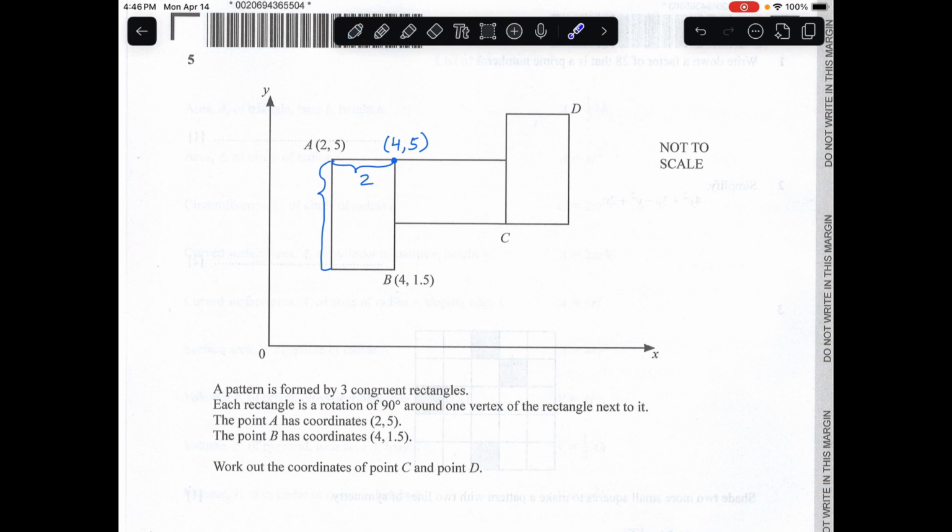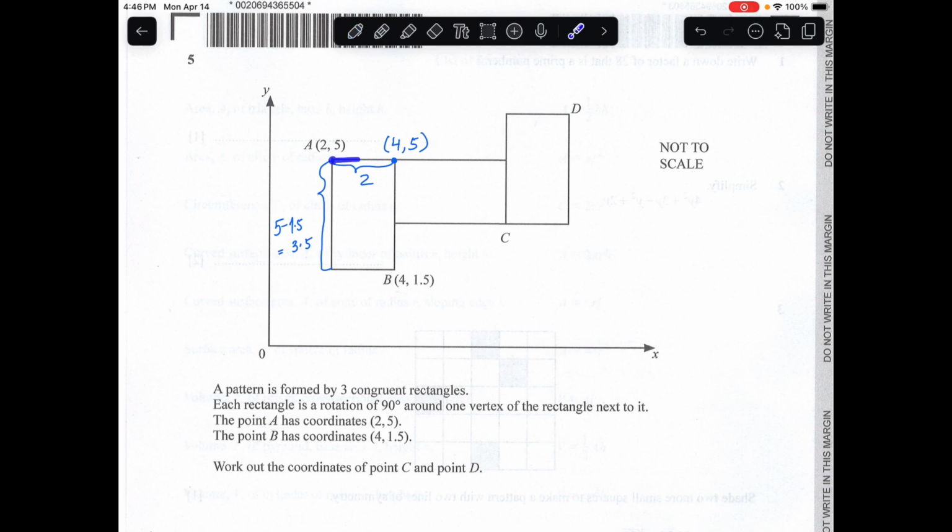The width is 2, and the length of the rectangle would be the difference between the y coordinates, which is 5 minus 1.5, equal to 3.5. So we now know that the length of the rectangle is 3.5 and the width is 2.